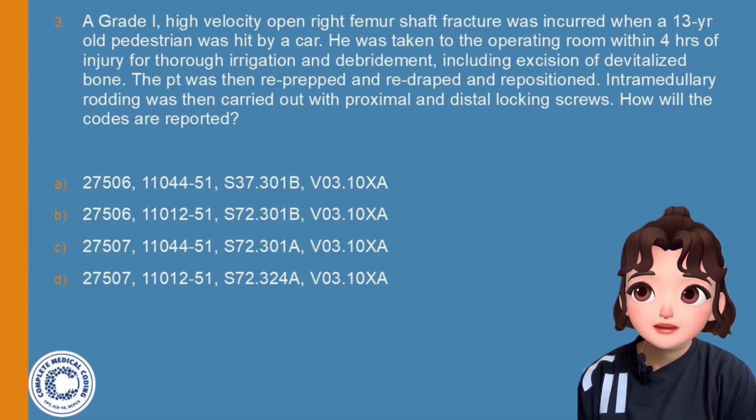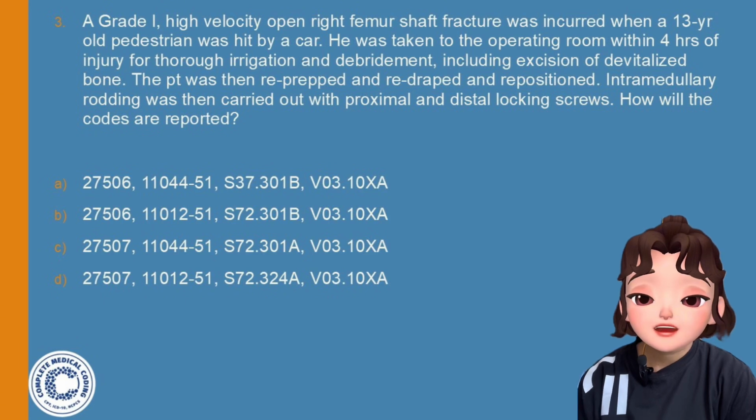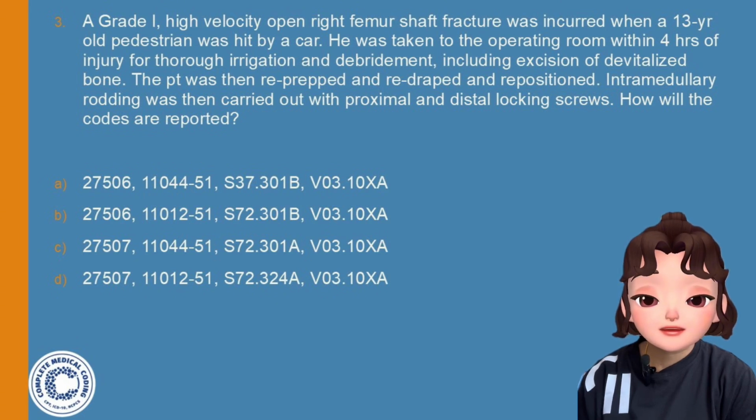What is 11044? Debridement, bone includes epidermis, dermis, subcutaneous tissue, muscle and fascia if performed, first 20 square centimeters or less. And what is 11012? Debridement including removal of foreign material at the site of an open fracture and or open dislocation. Example, excisional debridement, skin, subcutaneous tissue, muscle fascia and muscle.